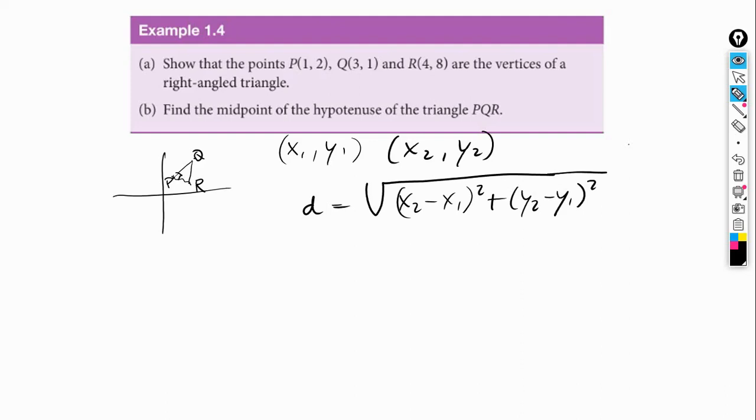So what are our points? Our points P, which is 1, 2, then we have Q, which is 3, 1, and we have R, which is 4, 8.